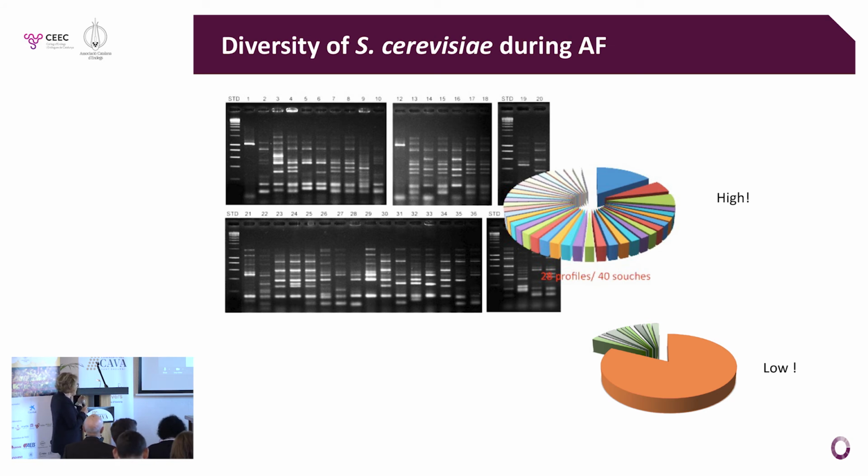Of course, when we inoculate the grape juice, we have the second situation, with the dominance of one strain of Saccharomyces cerevisiae. So when we add selected yeast to conduct the alcoholic fermentation, we just mimic what the natural spontaneous system can offer, in fact.